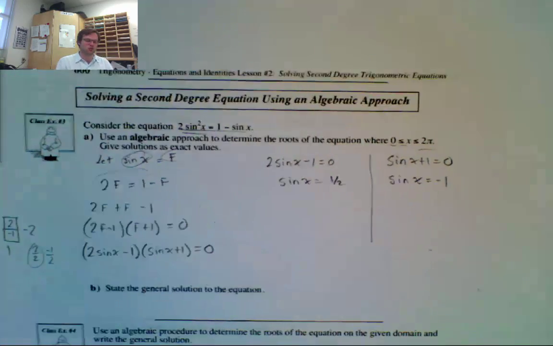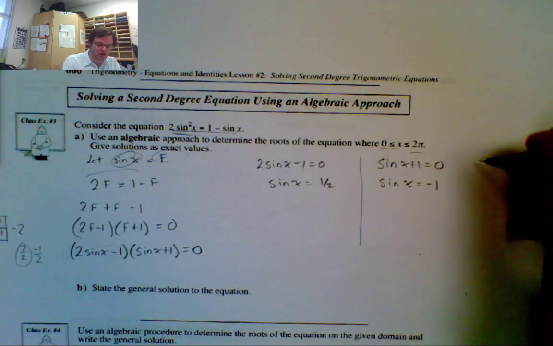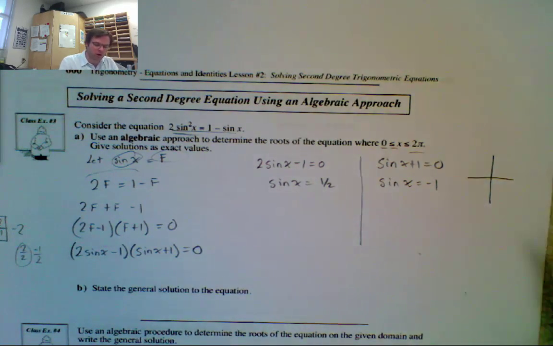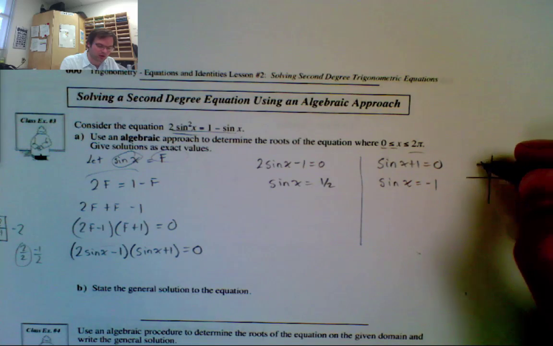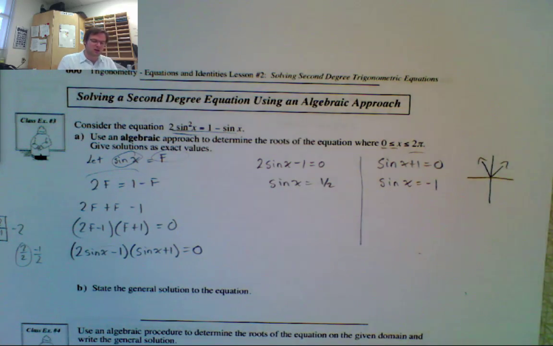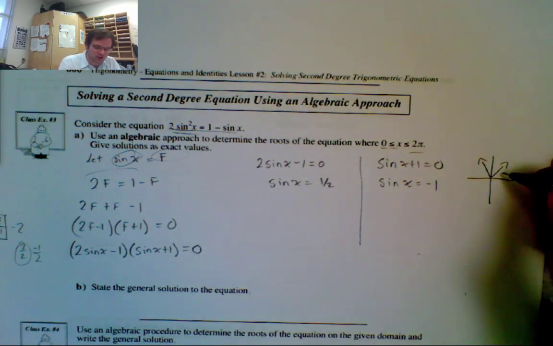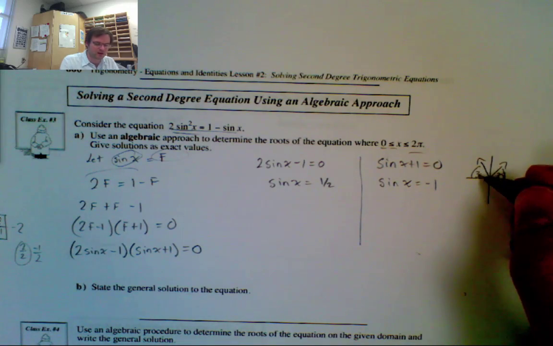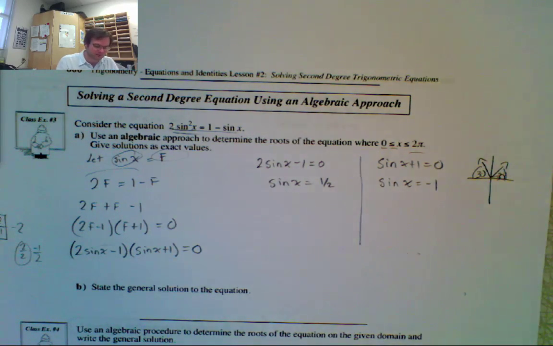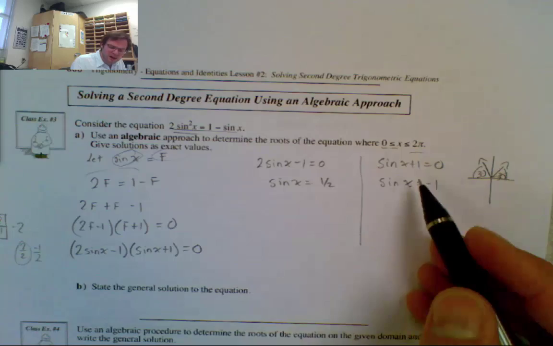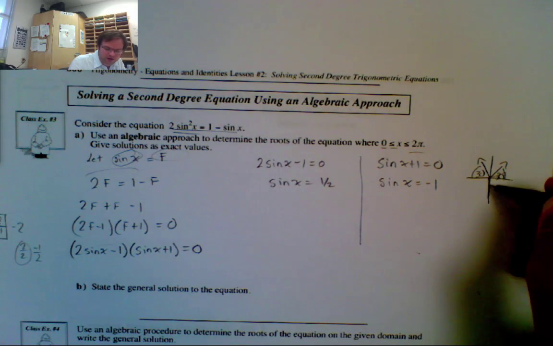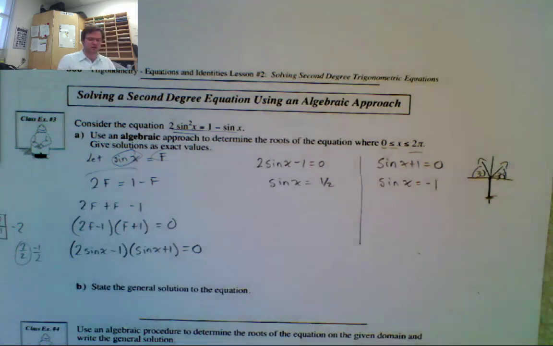So let's see where these solutions are, which quadrants they are in. I'm going to quickly draw my graph, and we know 1 over 2 is going to be positive y's, here and here, and 1 over 2 is going to be my short y, long x, which is going to be 30 degrees. So this is going to be 30 there, which is the same as pi over 6. Okay? And now we want sine -1, which is -1 is my long, and it's negative, which is right there.